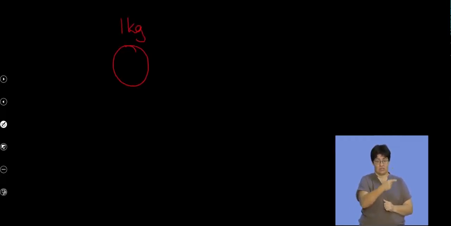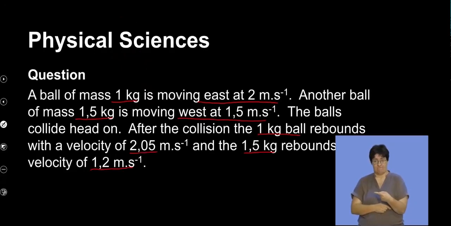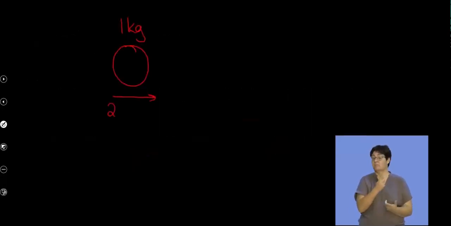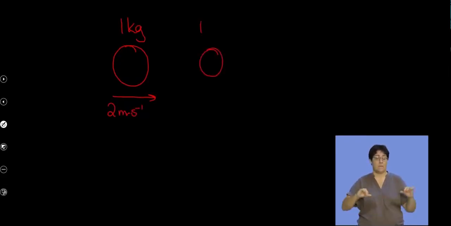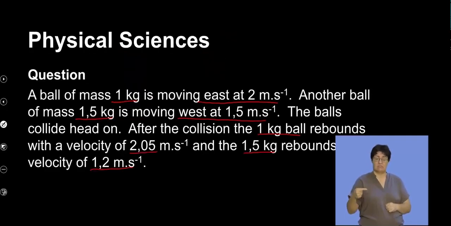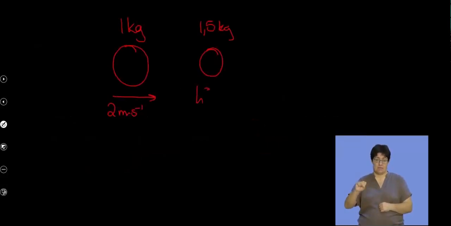So, what's the situation? We have a 1 kilogram block that's moving east at 2. It then collides with a 1.5 kilogram block that's moving west at 1.5. Then they collide.